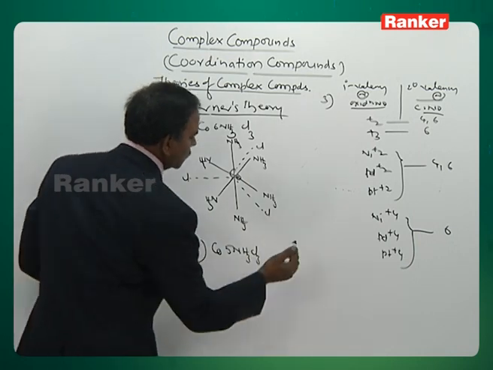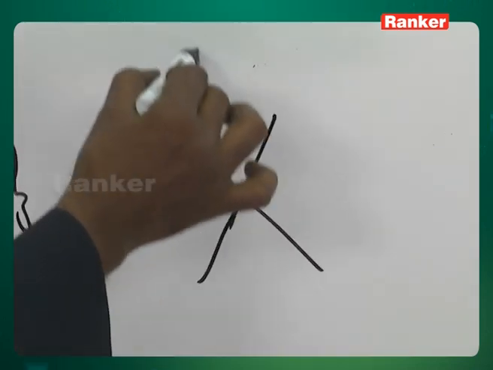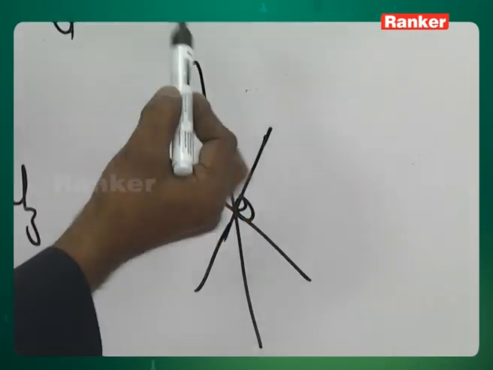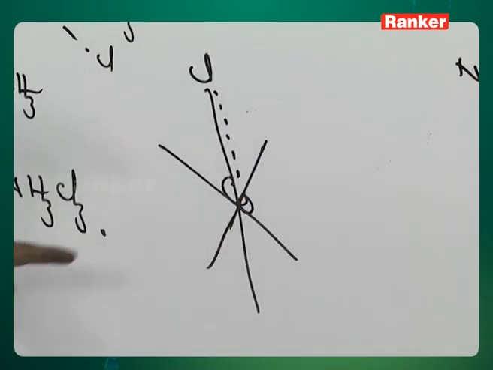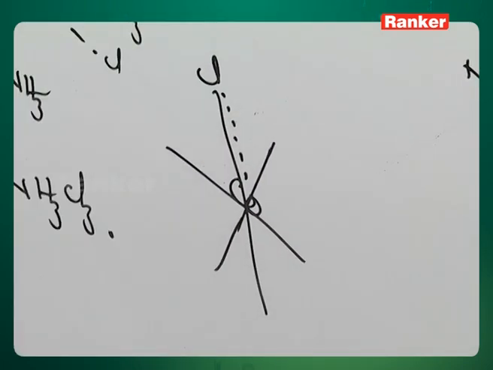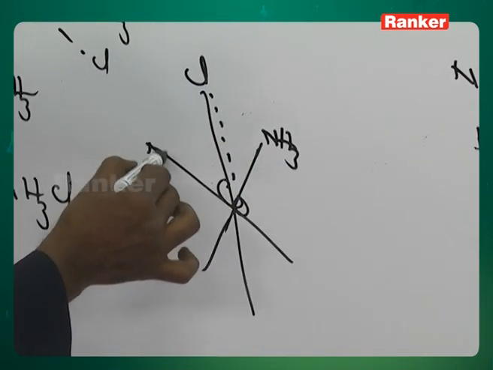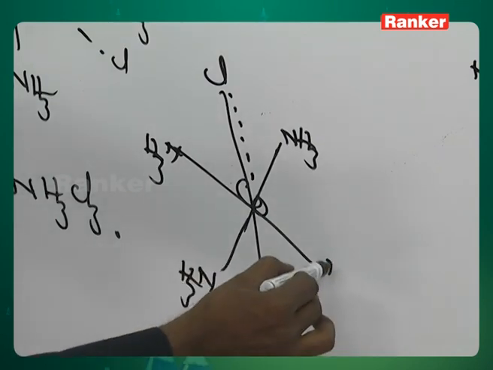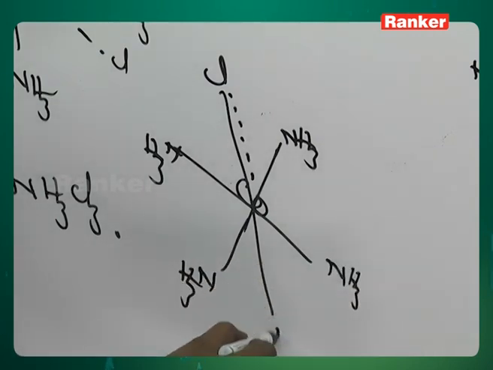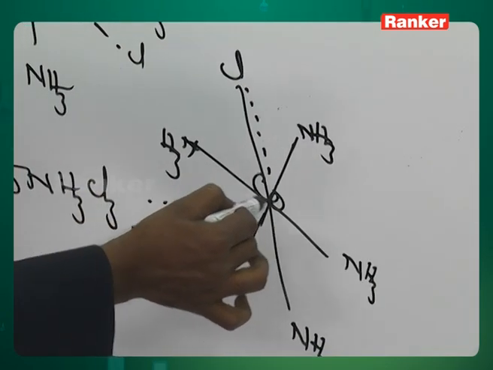In this I am showing on the board, see Co. This one ligand is satisfying both primary and secondary. I am showing it by a solid line and a dotted line. The remaining ligands, these 5 amines I am writing, are satisfying only secondary valencies. The remaining 2 chlorides are satisfying only primary valency.